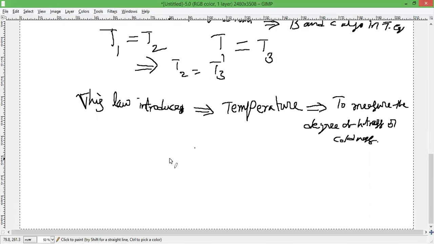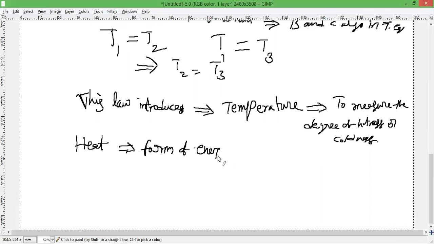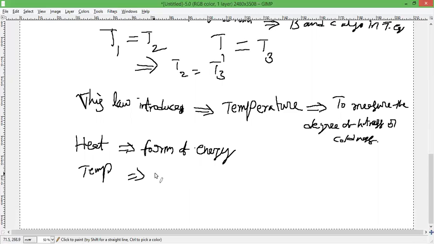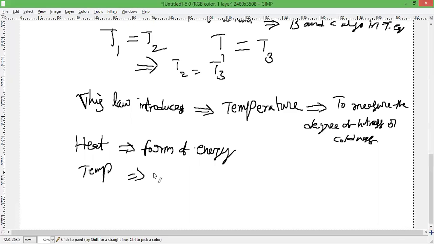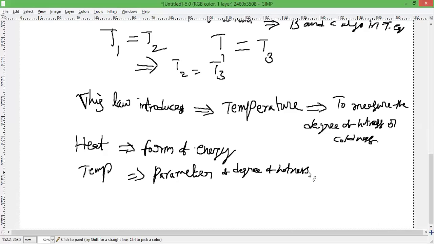Heat is a form of energy, and temperature is a parameter, a degree of hotness or coolness.